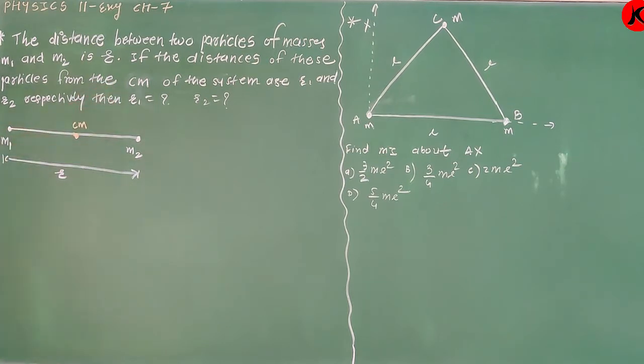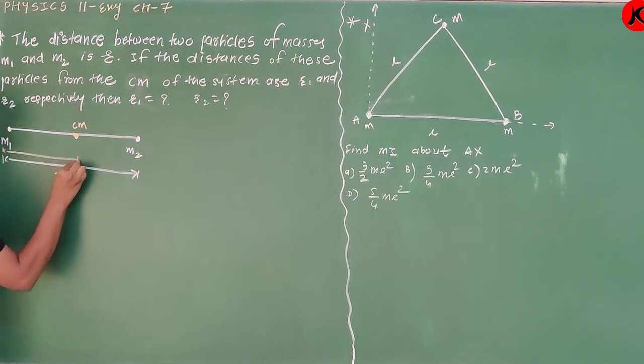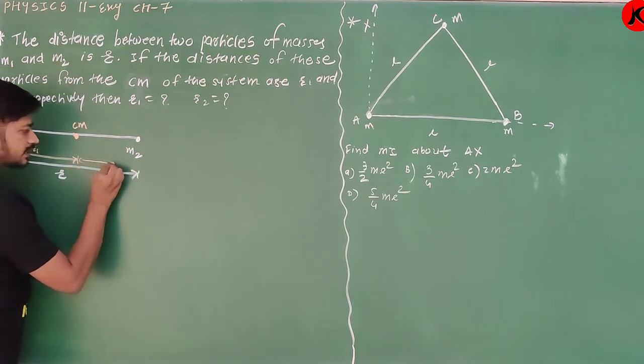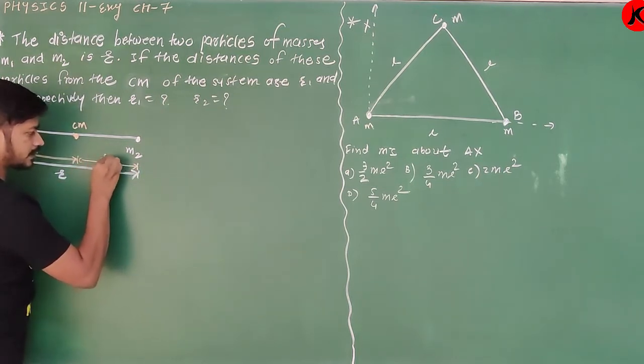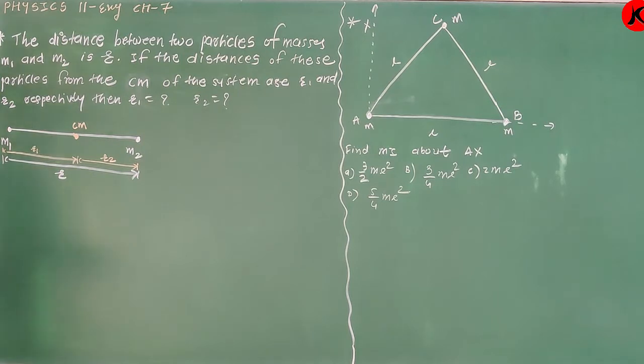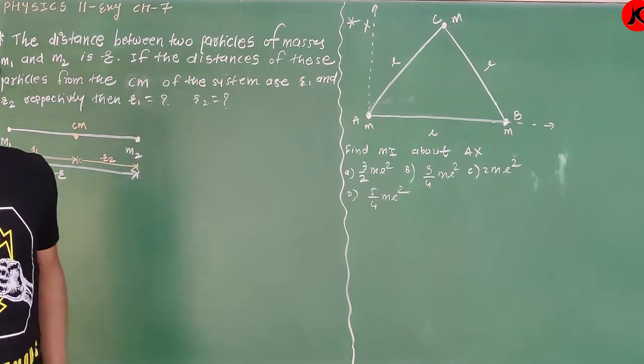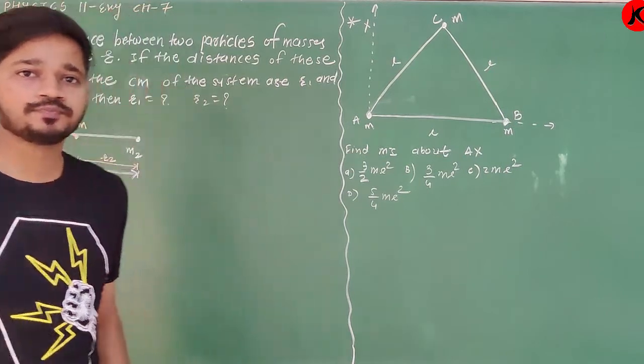If the distances of these particles from the center of mass of the system are r1 and r2 respectively, then you have to obtain equations for r1 and r2.